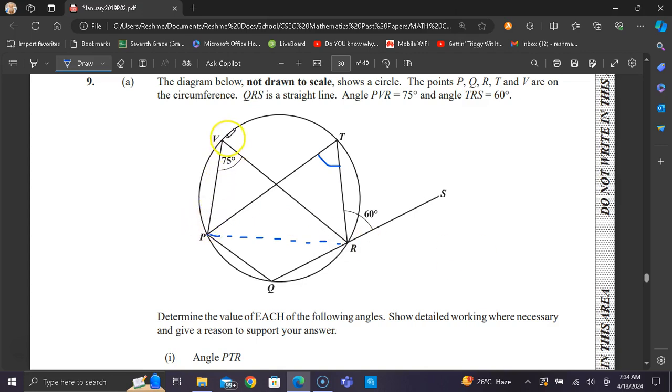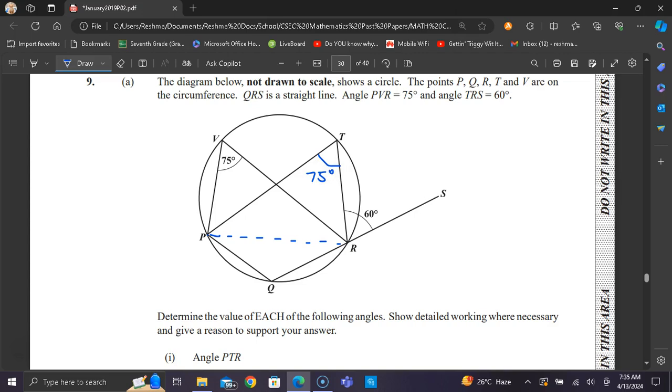Angle PVR and angle PTR share a common chord PR. There's a theorem that says that angles at the circumference subtended by the same chord in the same segment are equal. Therefore angle PTR would also be equal to 75 degrees.